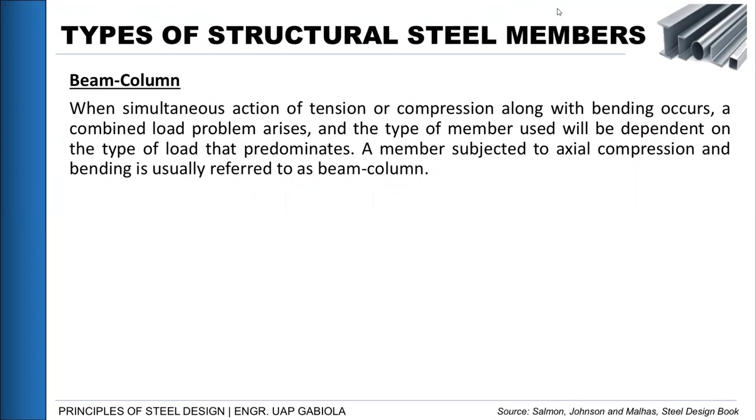That's why later in our course we will be discussing this type of section, wherein our column is also behaving as a beam. We need to check whether our section is capable of withstanding the bending force that it is subjected to.